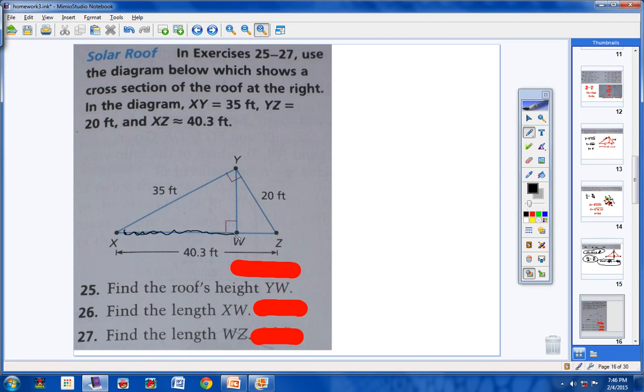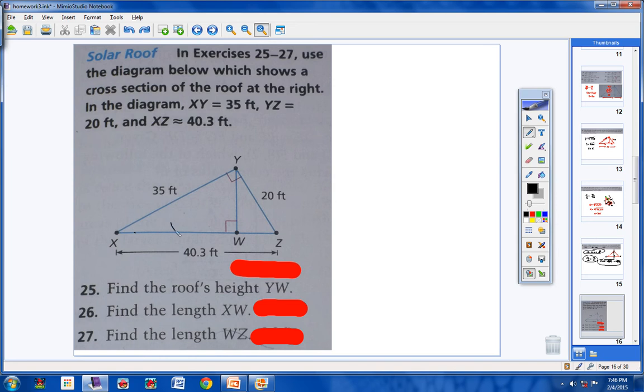Now remember, this number here is the geometric mean of this and the entire hypotenuse, okay? So I'm going to call this unknown right here XW, because that's what it is.